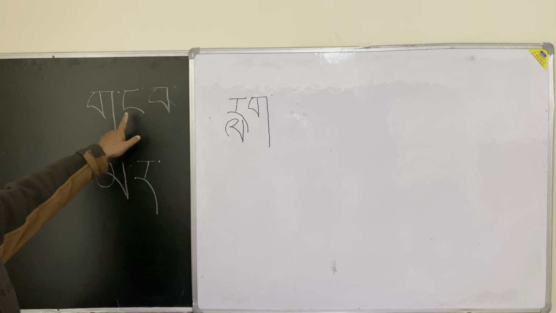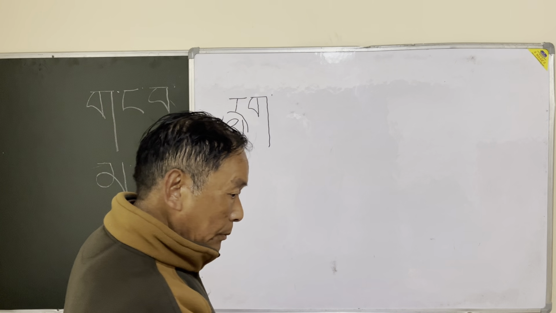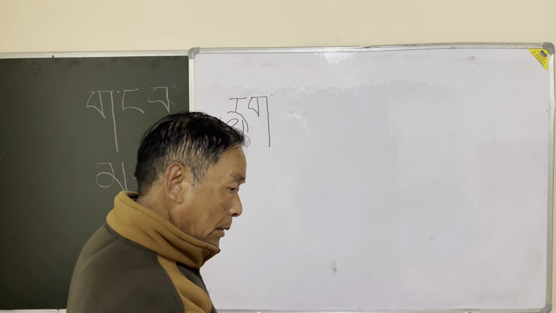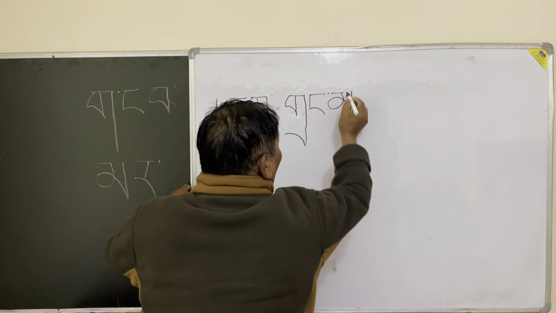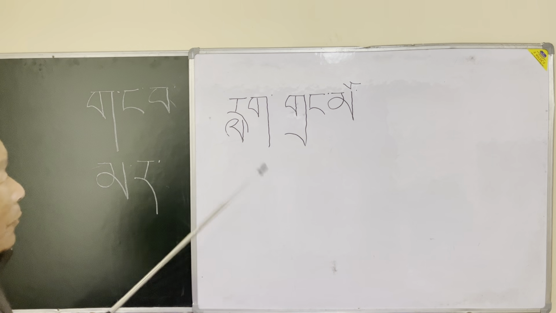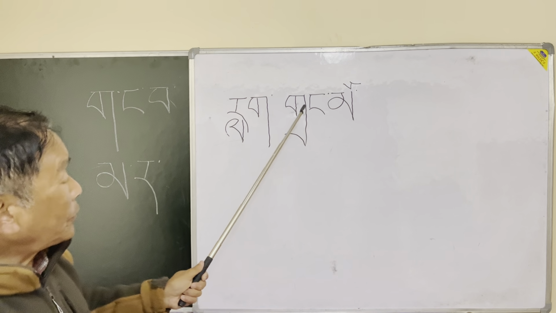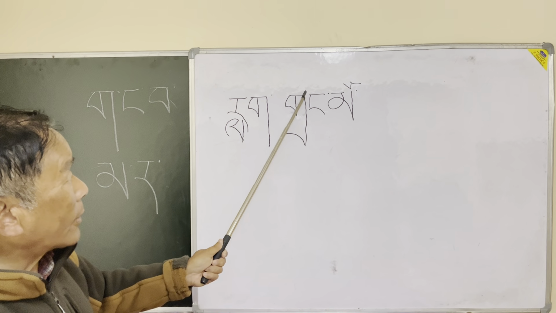And now coming to suffix nga. So we see ga, rata and na with no dot in between.